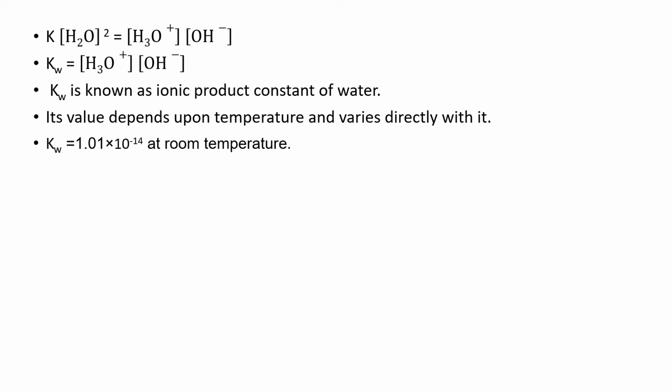So we can make an equation for the ionization constant of water, that will be Kw equals the molar concentration of the hydroxide ion and the protons. So Kw is actually known as the ionization constant of water.